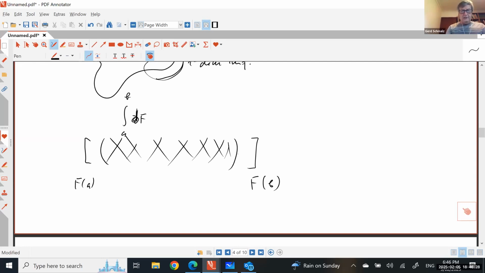So we can change this function f inside as much as we want, as long as we do not touch the continuous boundary values. Of course, it must be continuous here. And as long as we do not touch these boundary values, we can change it inside as much as we want, and it will not affect the integral of the derivative of it.